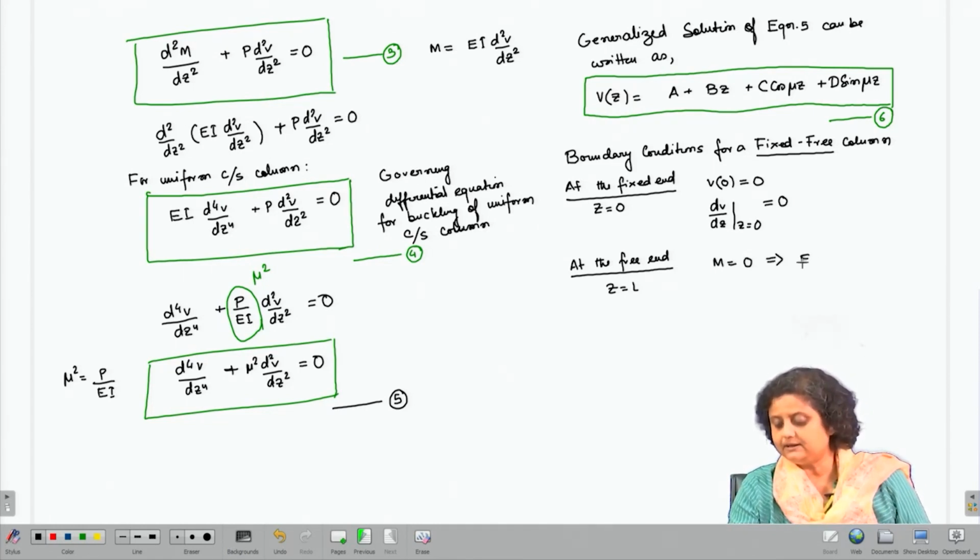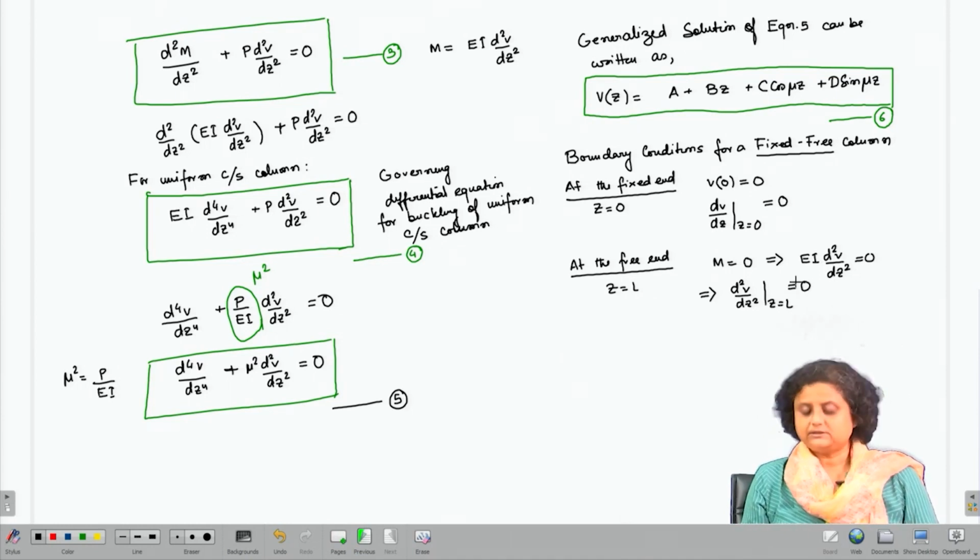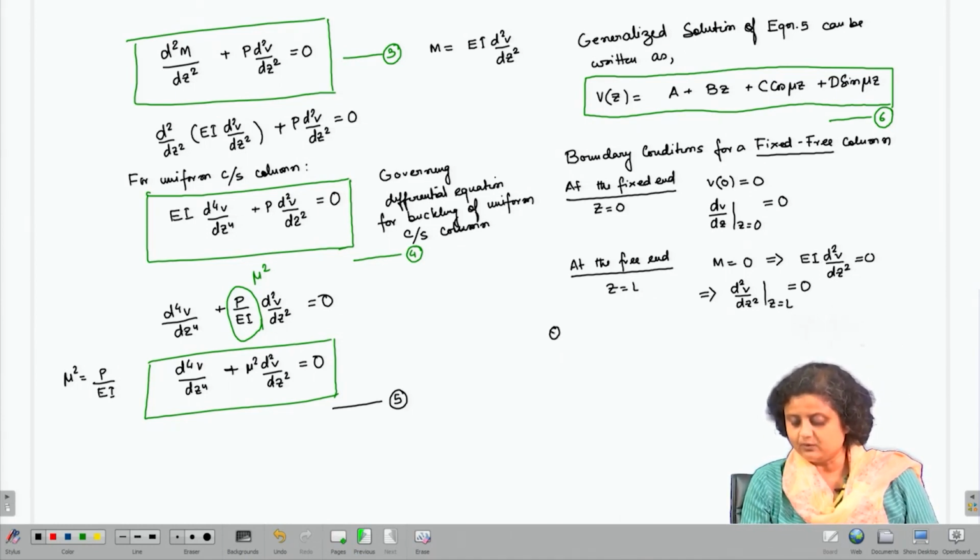The moment in turn can be written as EI d2v by dz square is equal to 0, which says that d2v by dz square at z equals L has to be equal to 0. Now, what is the other condition? That the shear force Q has to be equal to 0.